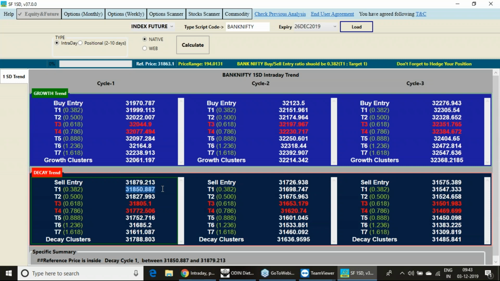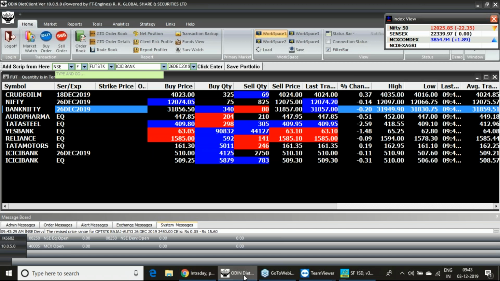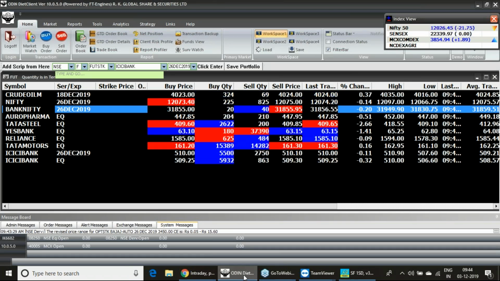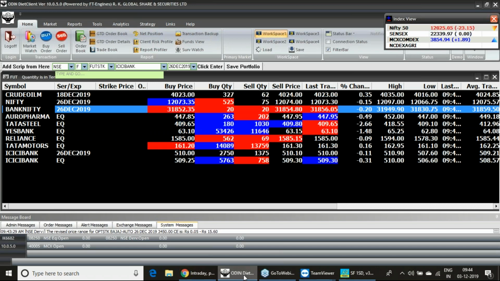So you can do anything based on that. Both of them have given the downtrend breakout, and ICICI Bank also we have analyzed and seen that.